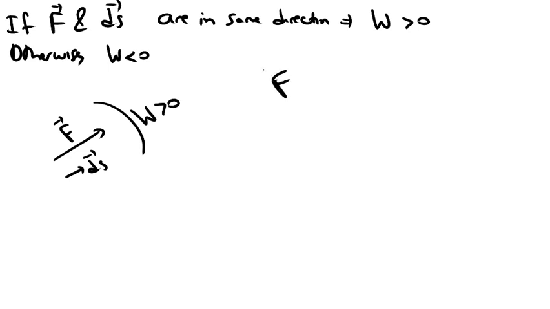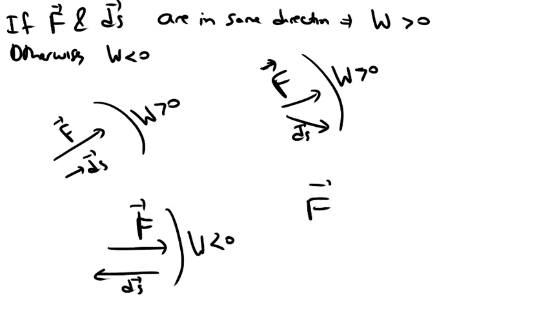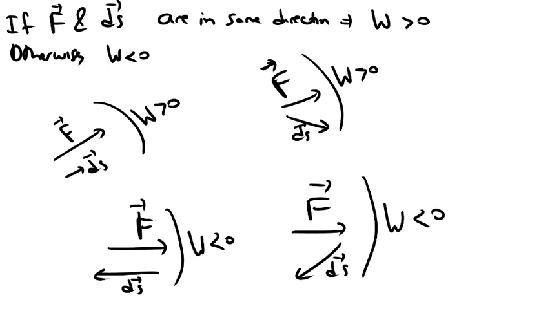Okay, and this is the force, and this is the ds, again the work is positive. And this is the force, and this is the ds, then the work is negative. And then you may have a force and a ds perpendicular, and then the work is 0. Okay, this is how it works, and this is how we get it.